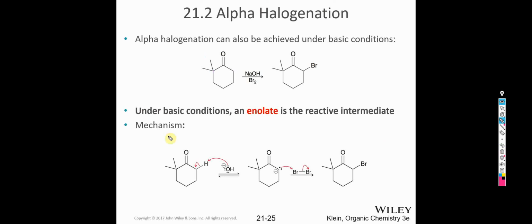And the mechanism is quite simple. So instead of protonating when you have an acid, what you do is you start with the sodium hydroxide and you will deprotonate this alpha carbon, get the carbanion, and this carbanion is stabilized because it is going to have a conjugation, right? So these electrons will move in like that, and you have the enolate.